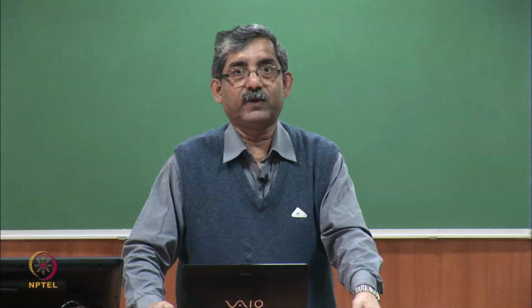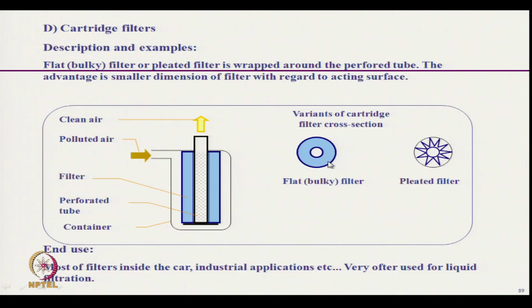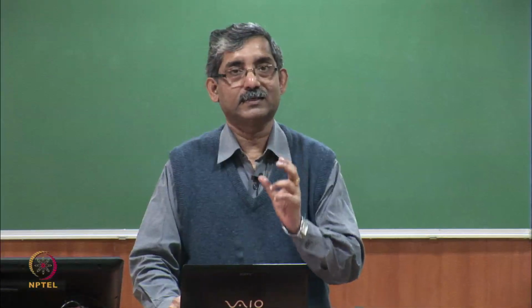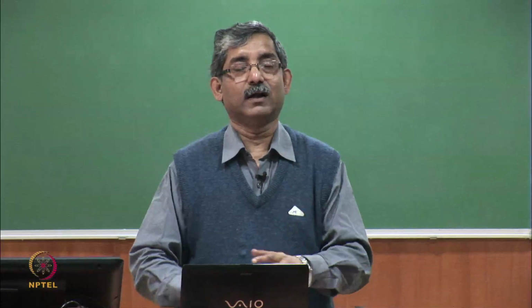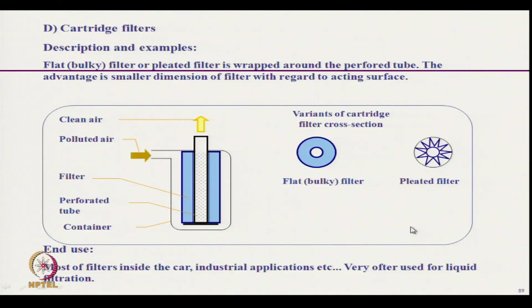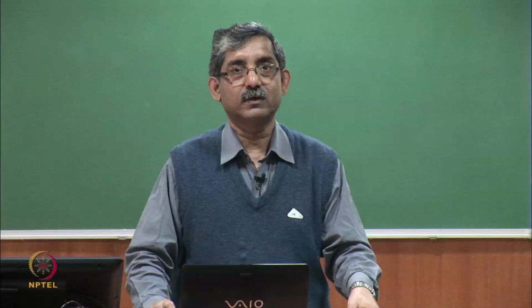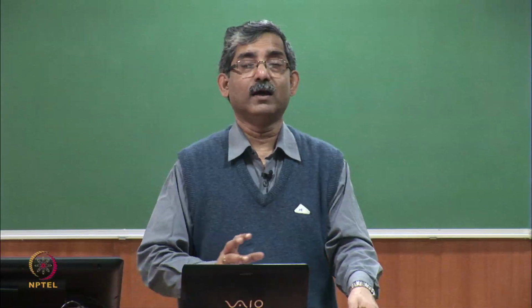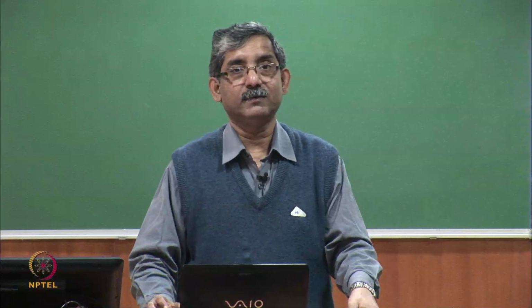So, for flat or bulky filters we can directly use non-woven fabric, and the pleated filters and these cartridge filters are used where space requirement is less, where we do not have larger space, and at the same time we require higher filtration efficiency.